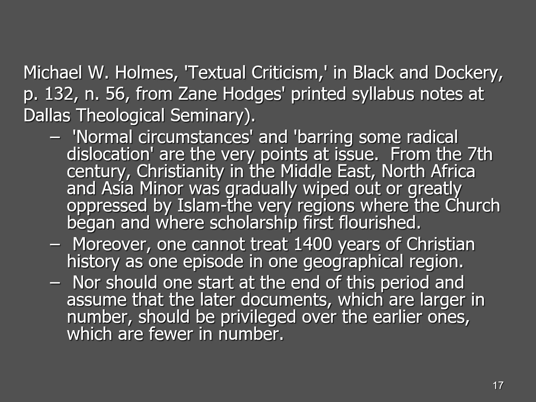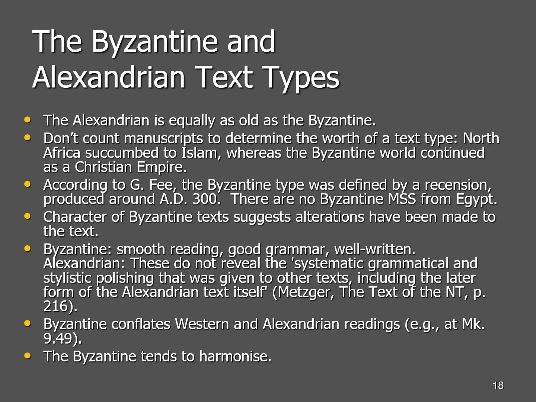Nor should one start at the end of this period and assume that the later documents, which are larger in number, should be privileged over the earlier ones, which are fewer in number. The Alexandrian is equally as old as the Byzantine text type."